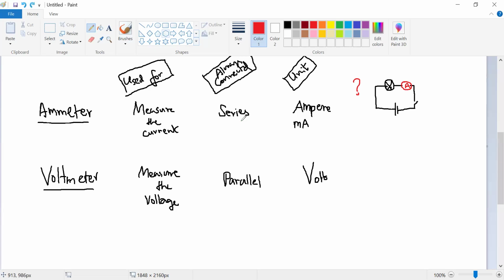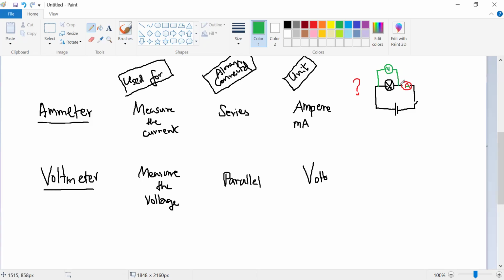Now, if I want to check the voltage, the potential difference from this point to this point, how do I measure it? I need to connect a voltmeter to this circuit. If I connect it the same way over here, that won't work. I have to connect it parallel to the circuit.